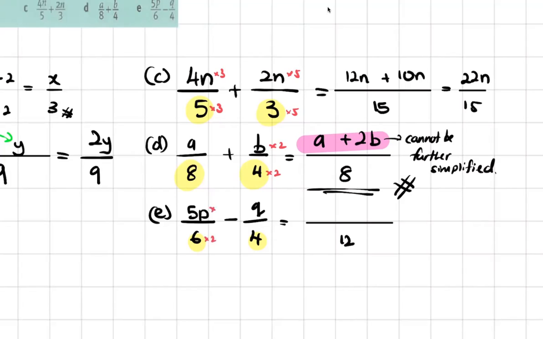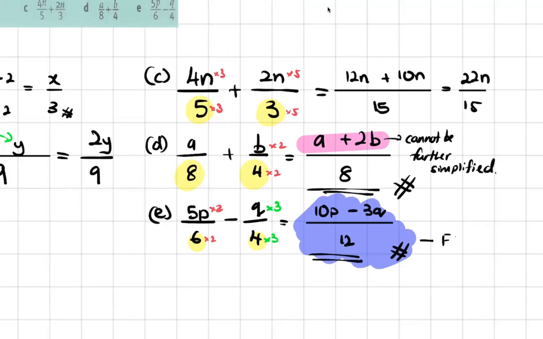Times 2 here, times 3 here, and to be fair, on the other side, we do the same for the denominator and numerator. We'll get 10p minus 3q. This is also your final answer, because it cannot be further simplified anymore.